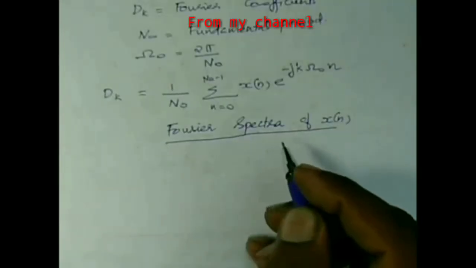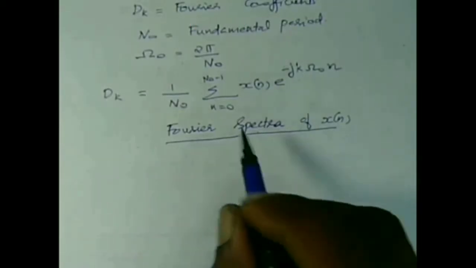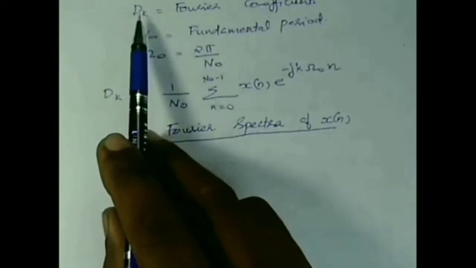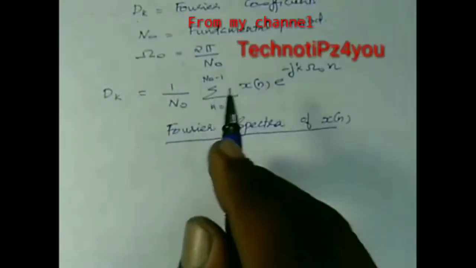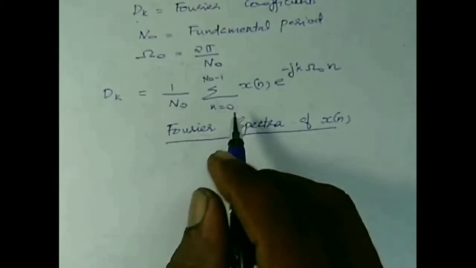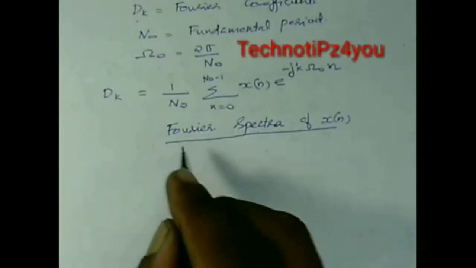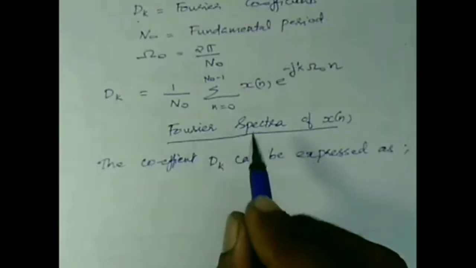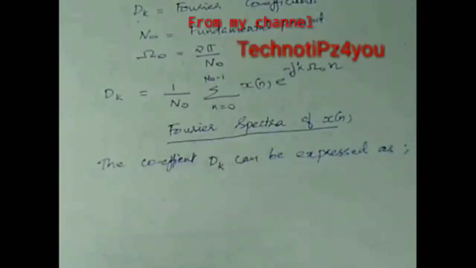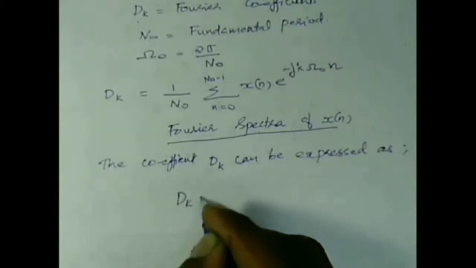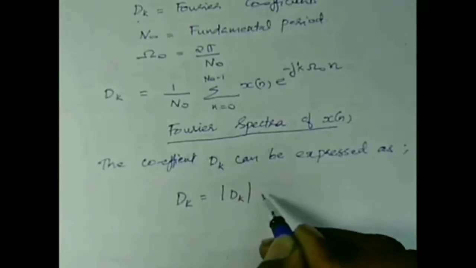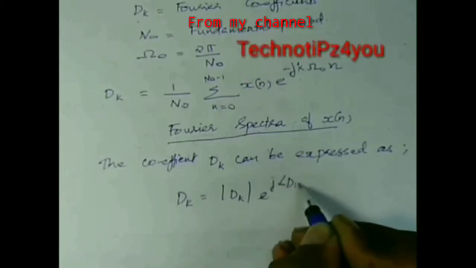The next topic is the Fourier spectra of x of n. The coefficient of the discrete time Fourier series, d_k, can be expressed in terms of magnitude and phase as d_k is equal to modulus of d_k, that is the magnitude, followed by e raised to j angle of d_k, that is the phase.